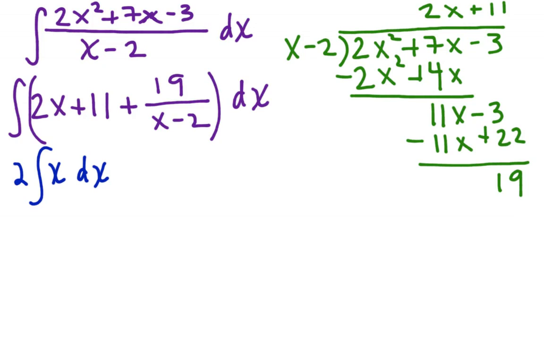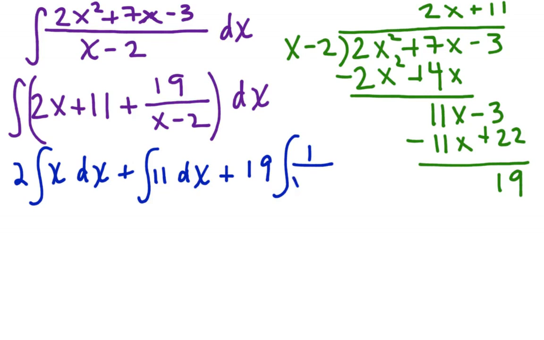So I'm integrating 2x, pulled out the 2, plus I'm integrating 11 dx, plus I'm going to pull out that 19, integrate 1 over x minus 2 dx. So now I'm going to integrate each of these pieces. 2 times x squared over 2, the 2's cancel, so I just get x squared, plus 11x, so those two are easy. Old hat. Here's the new stuff.